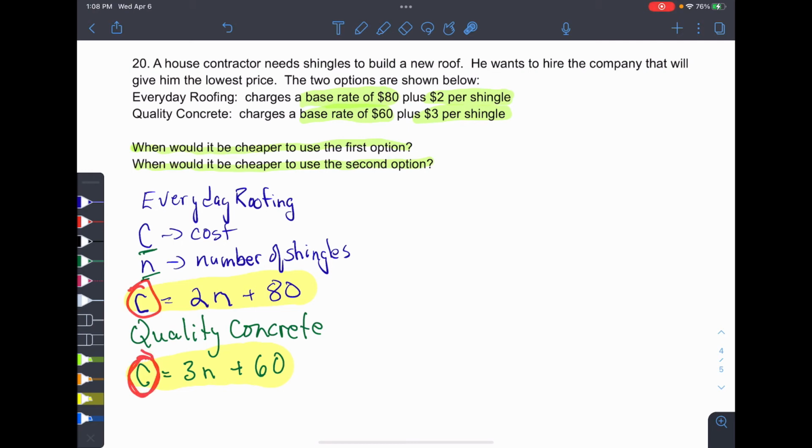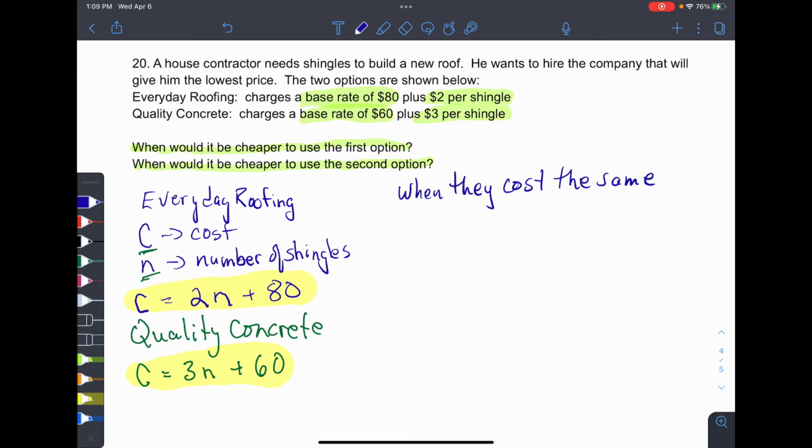So if the cost will be equal for both of them, that means that the right-hand side of these equations should be equal. So let's write that out. When they cost the same, we have 2n plus 80 is equal to 3n plus 60.